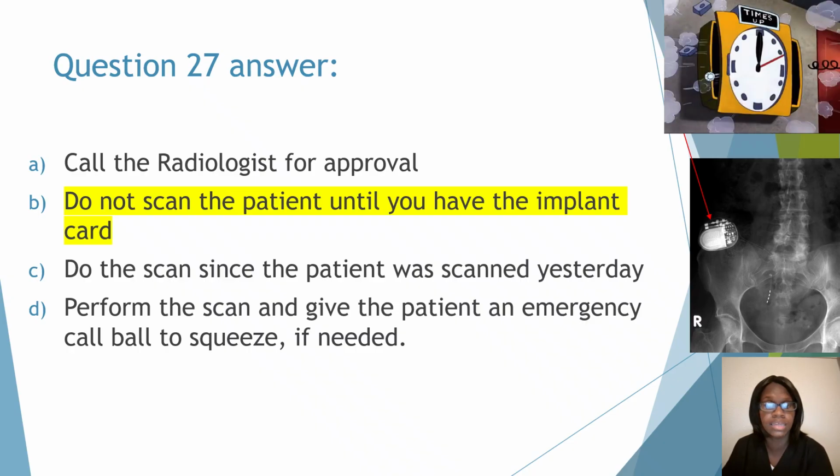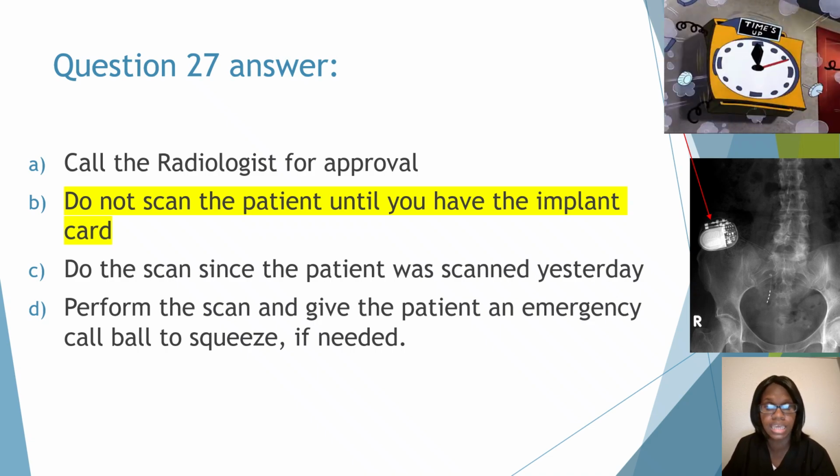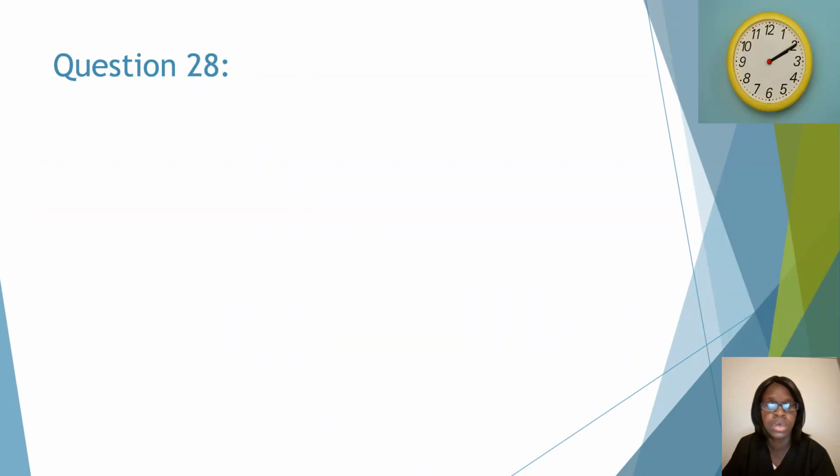It could be that the patient doesn't have their remote control at this time to make sure that the stimulator is even charged for the scan. So there are different factors that you must consider whenever you are looking at implants.